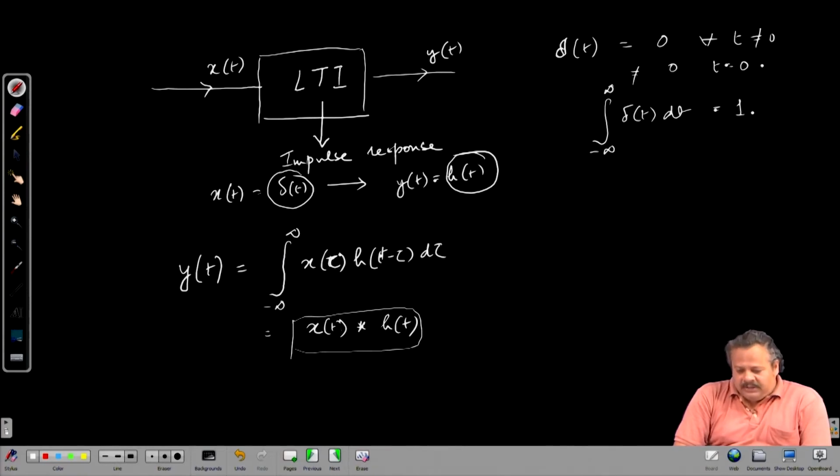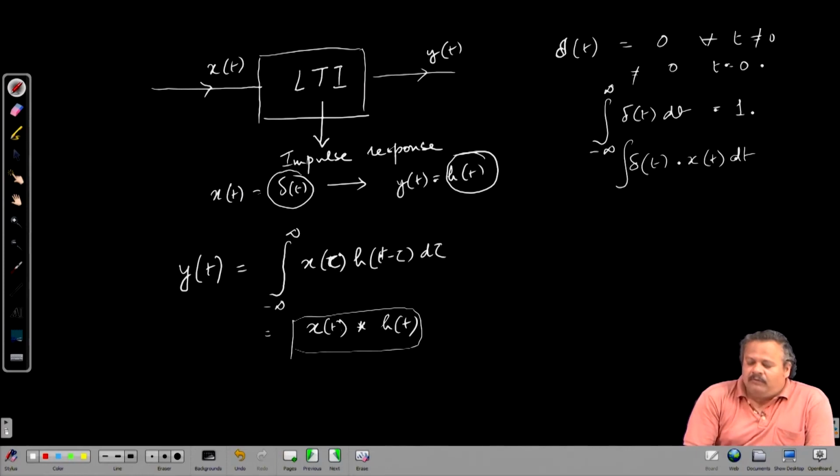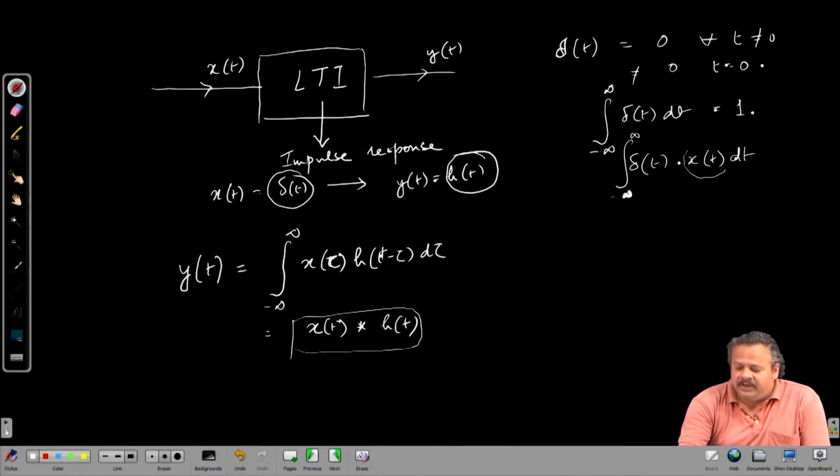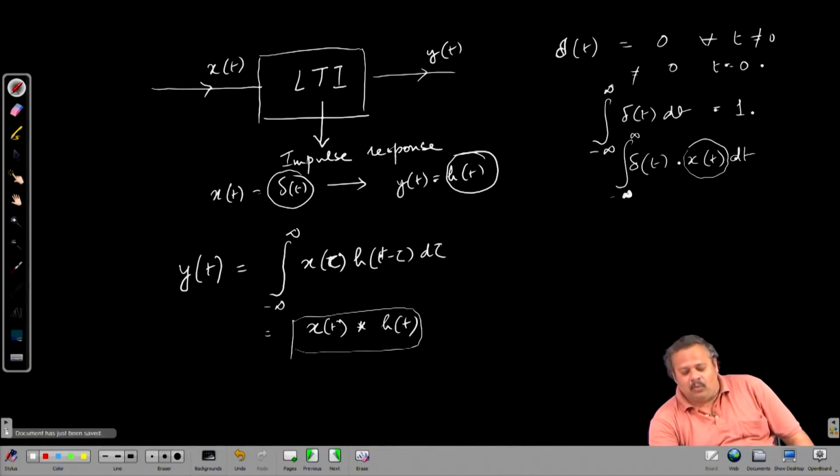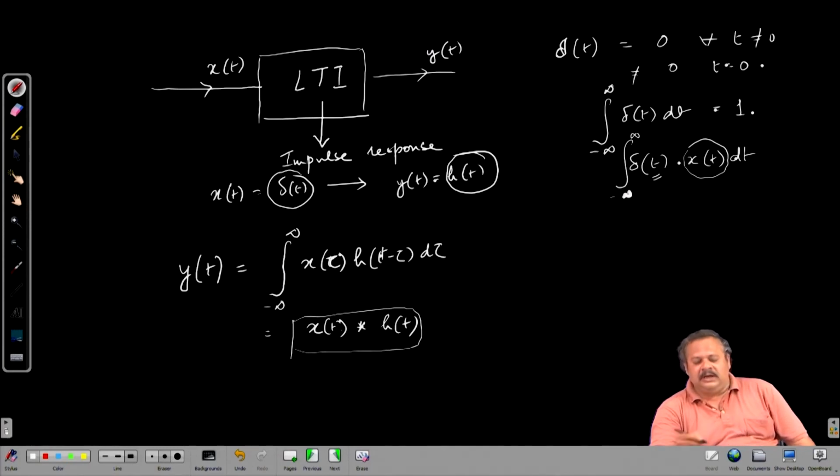There are many properties of this delta(t) that will come into use. If we multiply delta(t) with some other x(t) and integrate this over the interval, let us say minus infinity to infinity, this simply means that it is an evaluation of x(t) wherever this delta is, wherever t is 0.